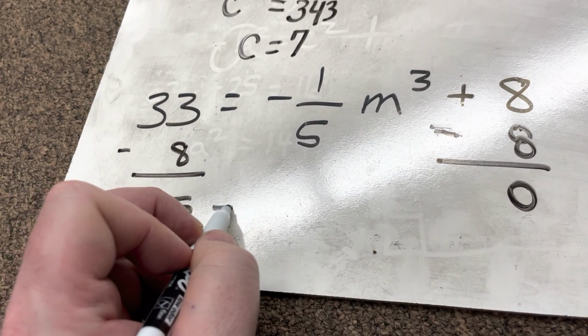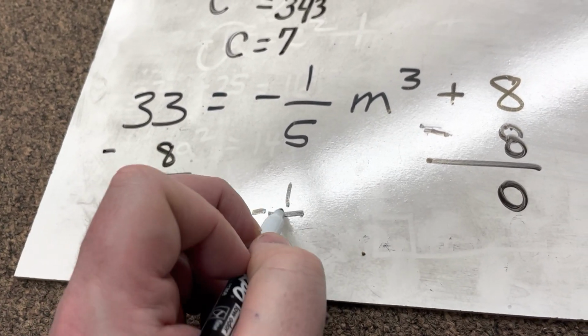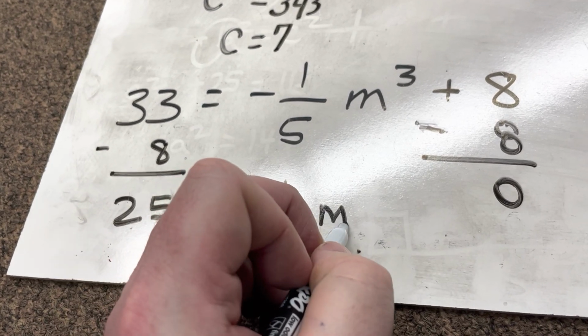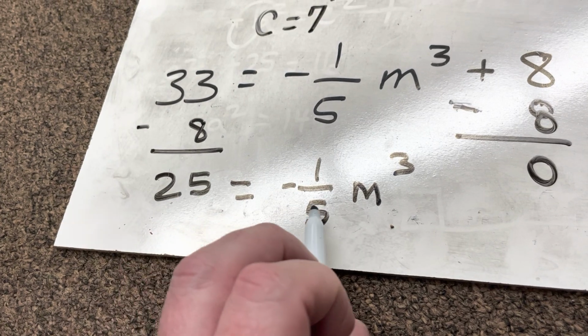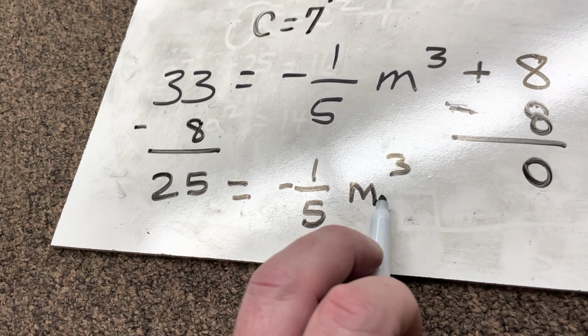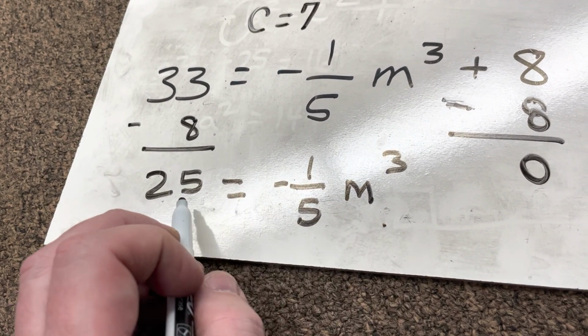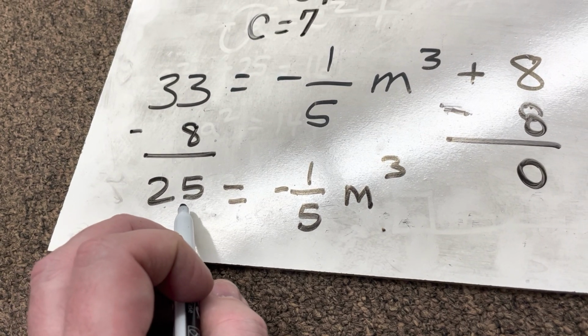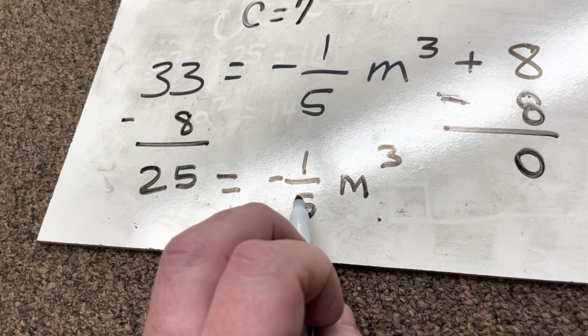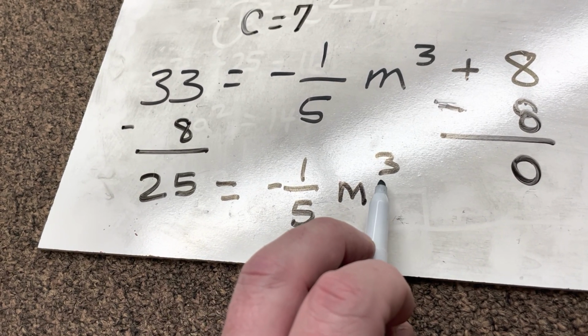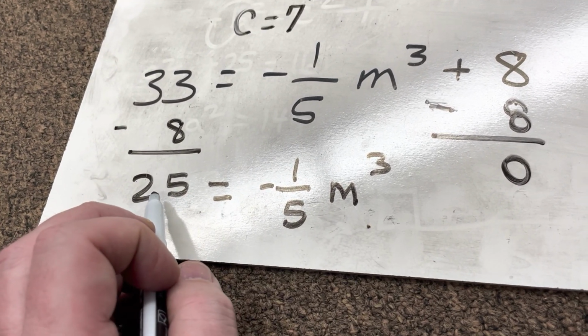So now I'm left with 25 equals negative 1 over 5 m to the power of 3. Well, I want to isolate m to the power of 3. So I'm going to be taking 25, and I'm going to divide both sides by negative 1 over 5. That'll leave me with m to the power of 3 here, and whatever that is here.